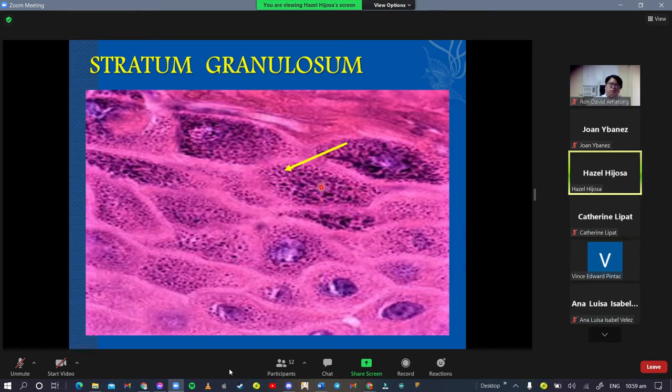Okay, so the intensely basophilic staining granules known as the keratohyalin granules contain cysteine-rich and histidine-rich proteins, which are the precursors of the protein filaggrin or the filament aggregating proteins. So these proteins will aggregate or hold the keratin filaments together within the cornified cells of the stratum corneum. Okay, and so very obvious, it's very easy to identify this layer.